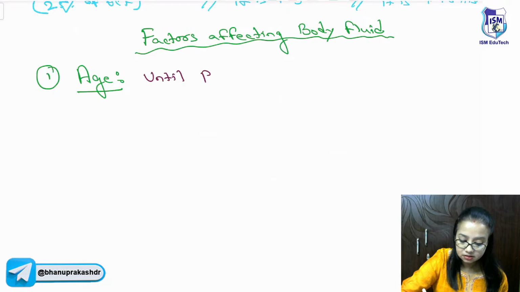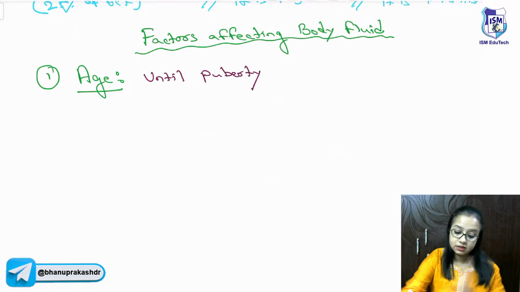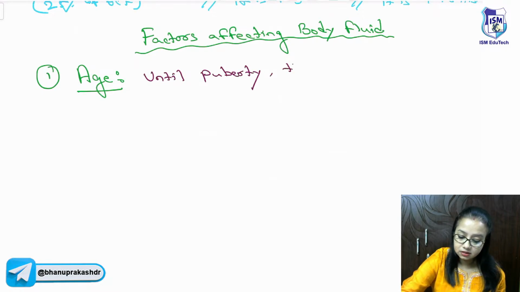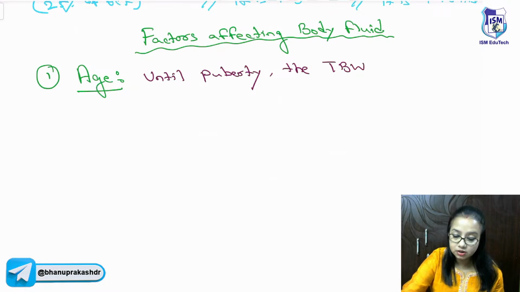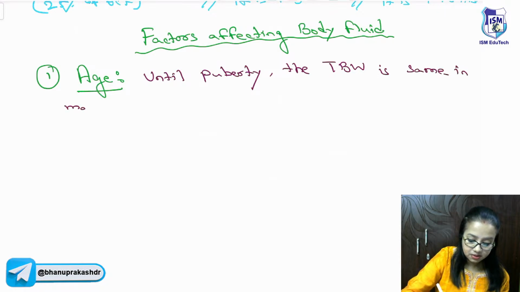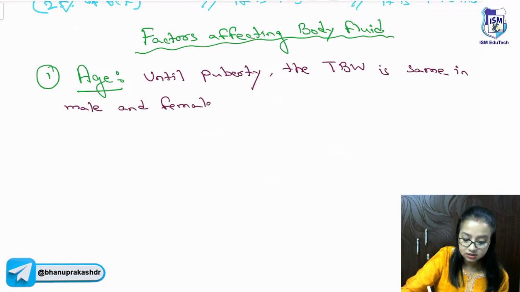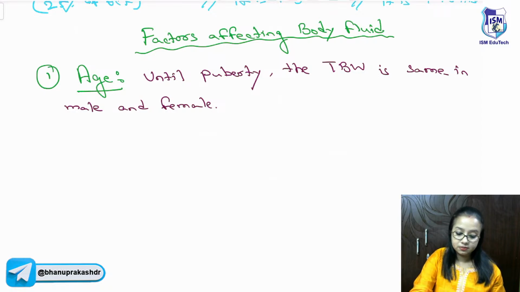Until puberty, the total body water, eventually the body fluid, is the same in male and female, whether it is a boy child or a girl child. Until the child attains puberty, that is sexual maturation, it is the same.